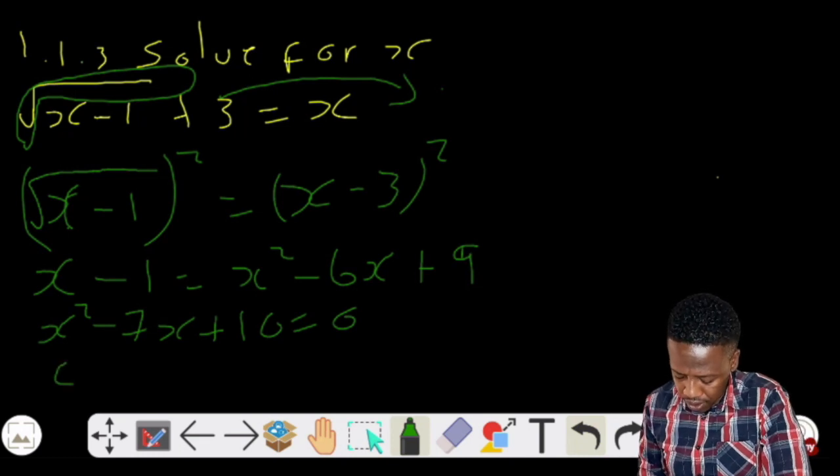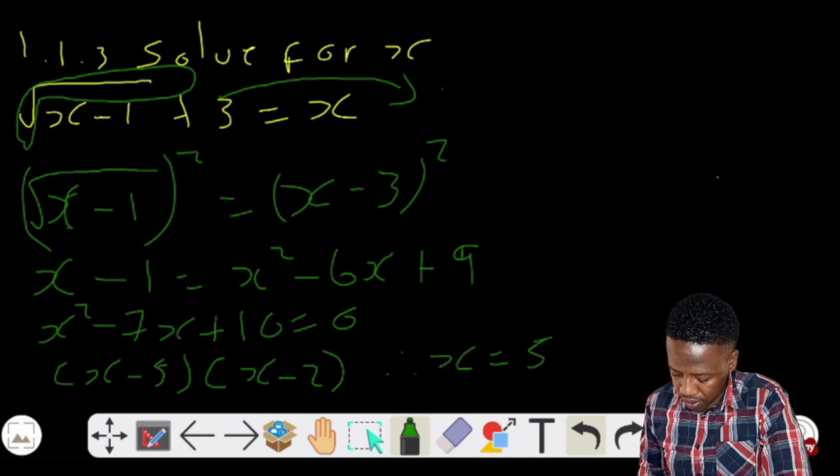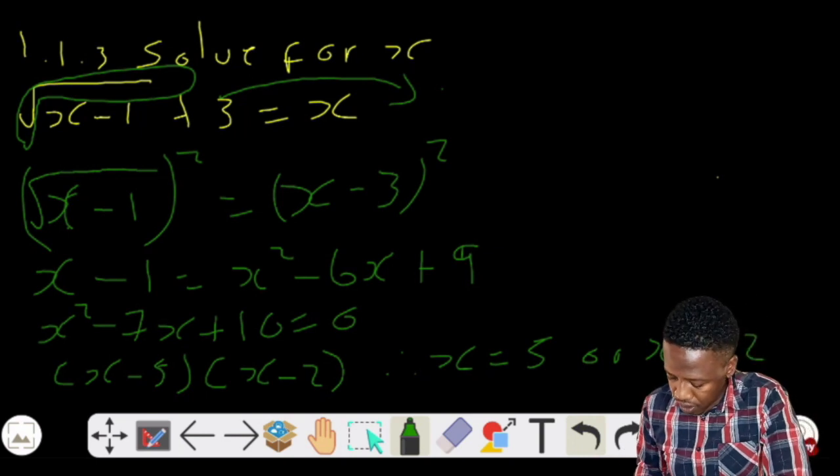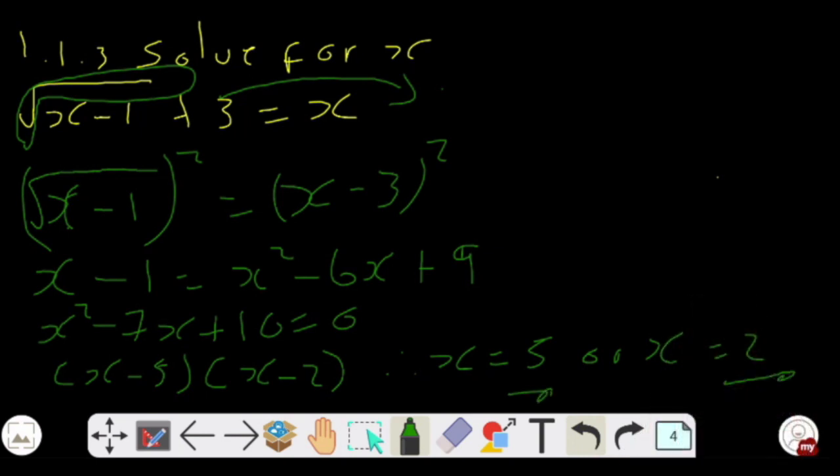Now let's get the factors, which is x minus 5 and x minus 2, meaning your x equals 5 or your x equals 2.